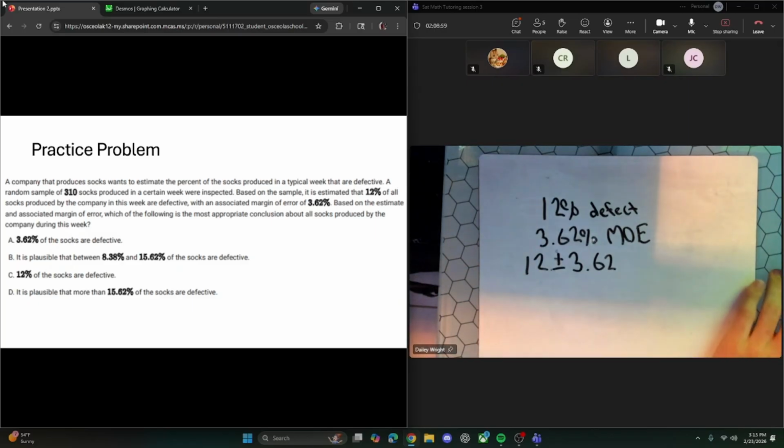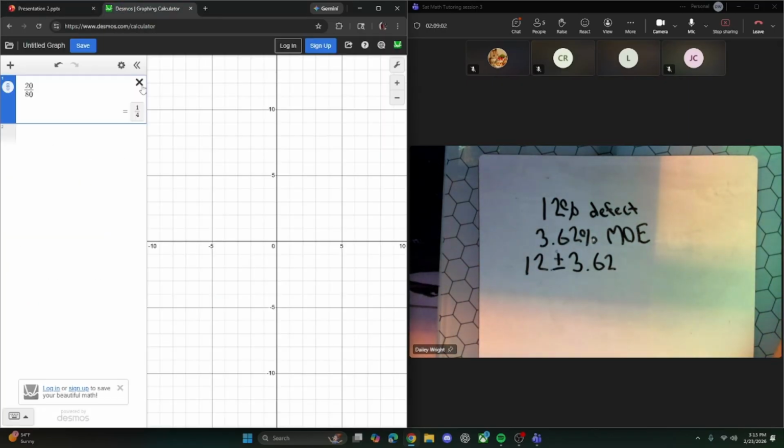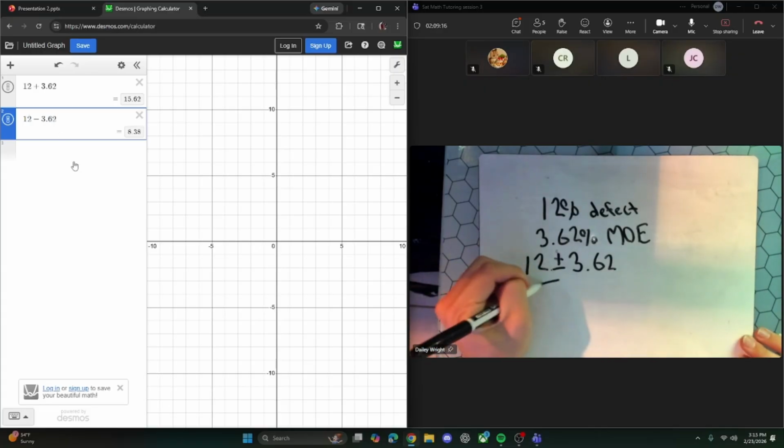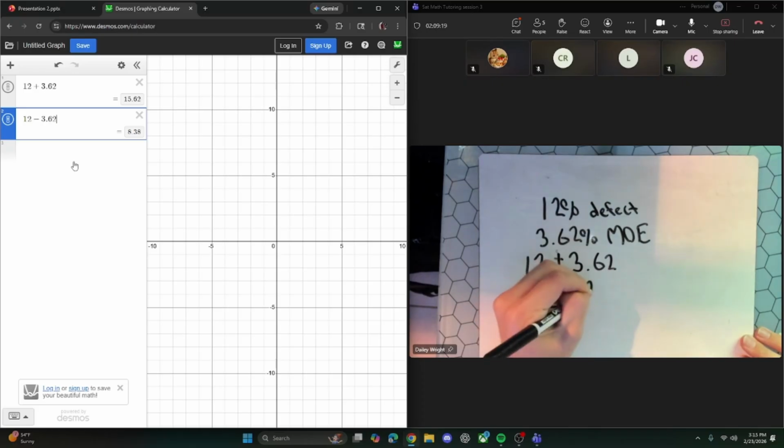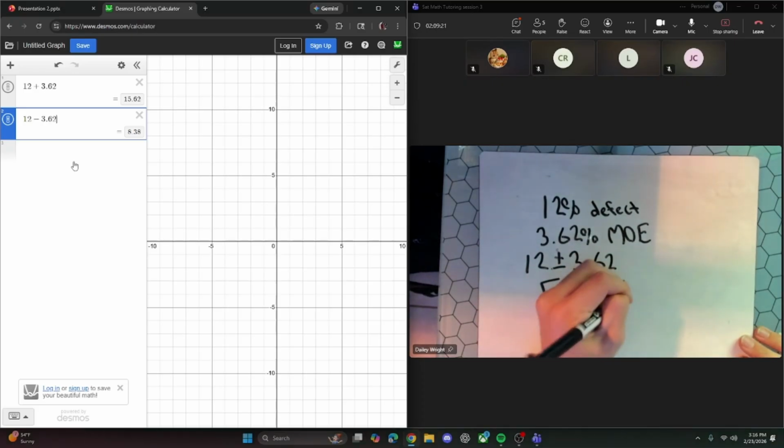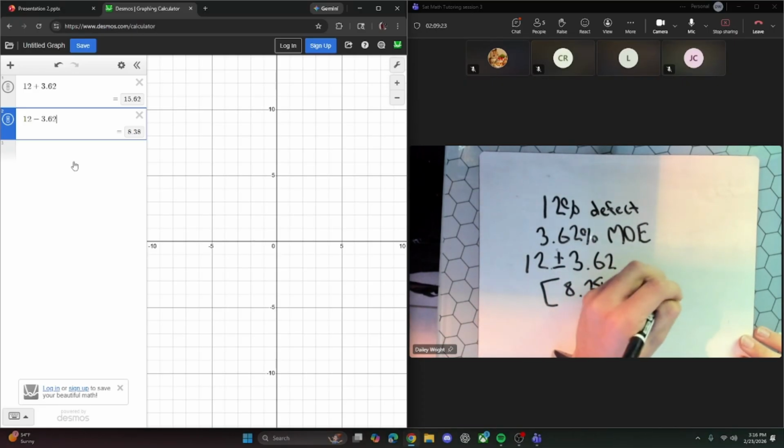This is going to give you your percentage. Now there's no plus or minus sign in here, so you're going to have to do 12 plus 3.62 and 12 minus 3.62. So your interval is going to be 8.38 to 15.62.